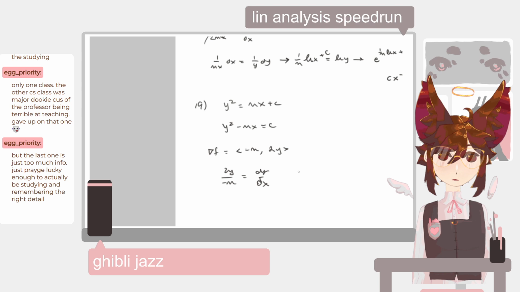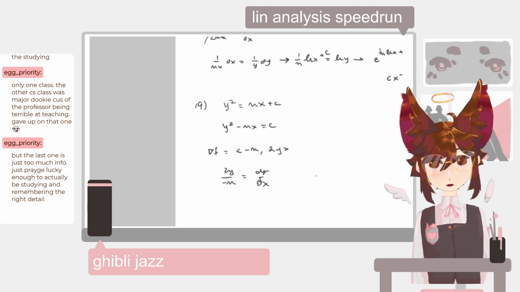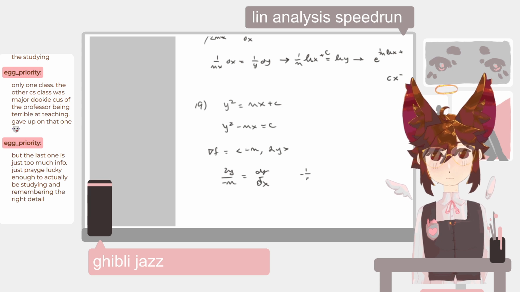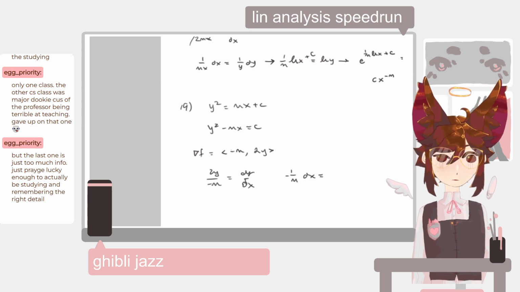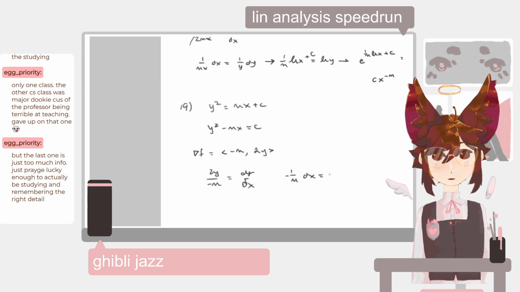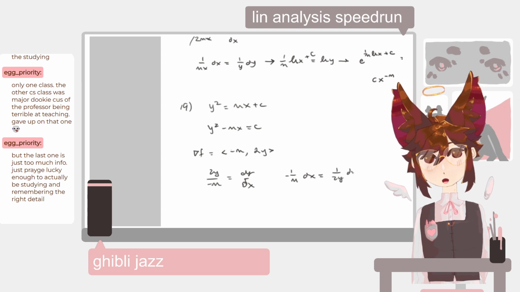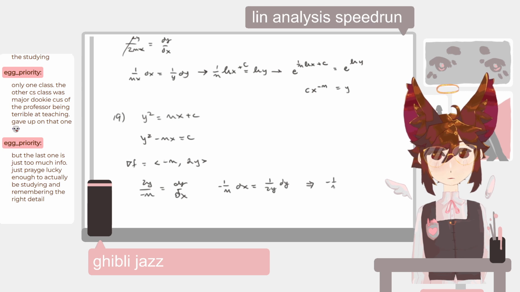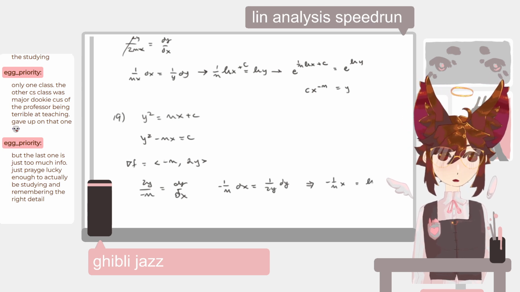So we'll go for this. We'll do 1 over m dx equals... Ooh, this is a little interesting. 1 over 2y dy. So that's going to equal, right, negative 1 over mx equals ln y.